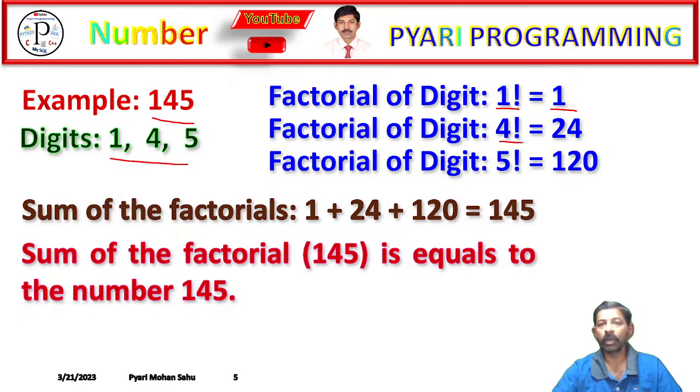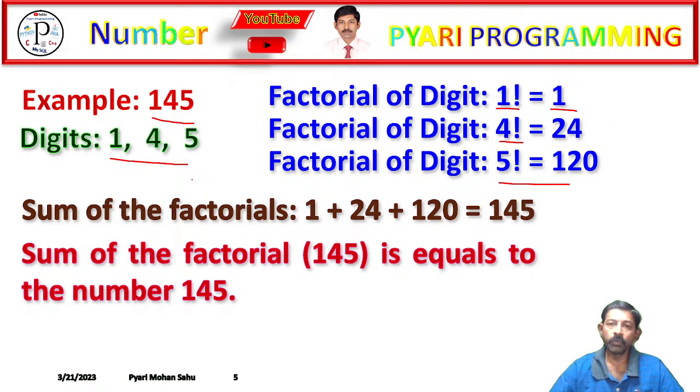Next, factorial of 5 is your 120, because 5 into 4 is your 20, 20 into 3, 60, 60 into 2, 120. So factorial of 5 is 120. After that, I will calculate the sum of the factorials.